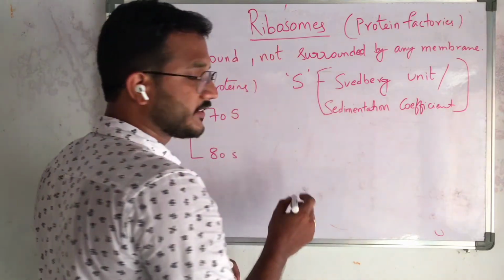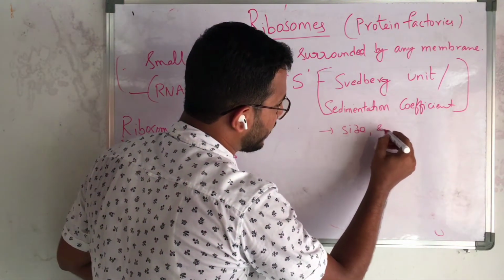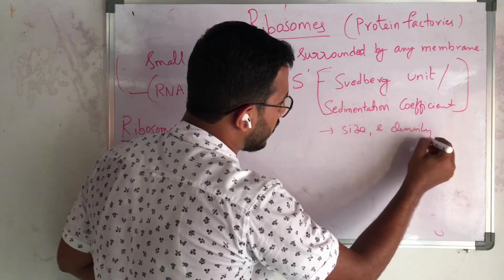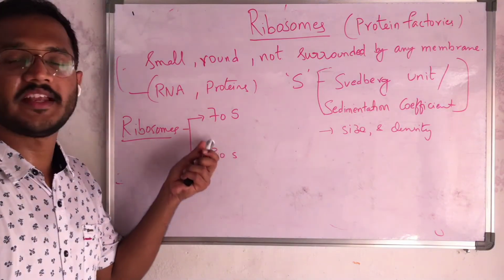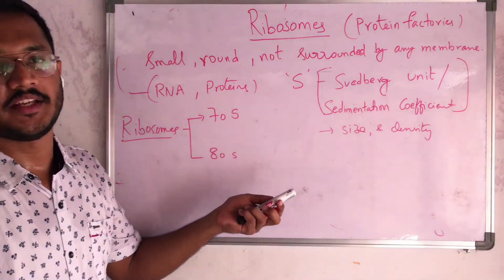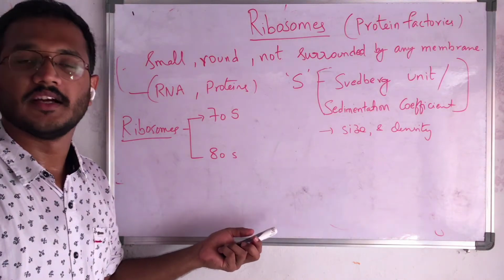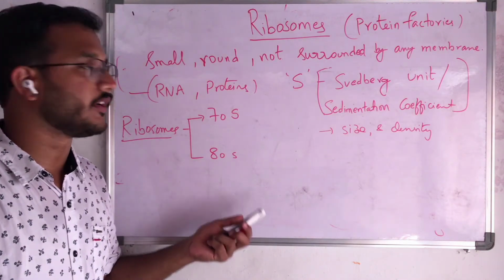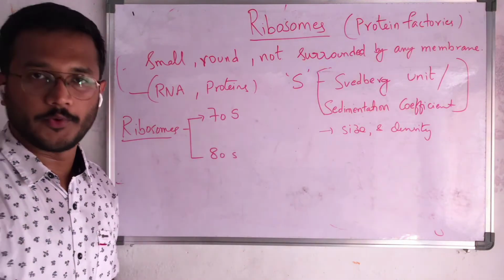These units actually depend upon the size and density of the ribosomal structures. So 70S has some size and some density, and 80S ribosomes have some other density and size. Depending upon that, they gave the units, the Svedberg unit.